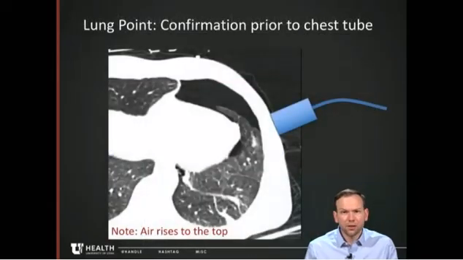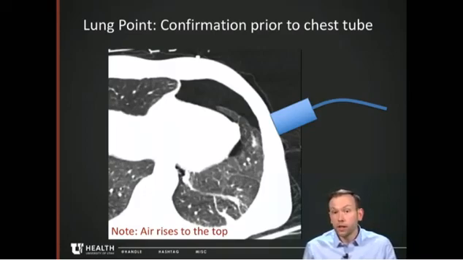So the next thing we may look for is this idea of a lung point. And the lung point is probably the most challenging of these images to find because it exists at a specific location in the chest wall, and you often have to hunt for it.